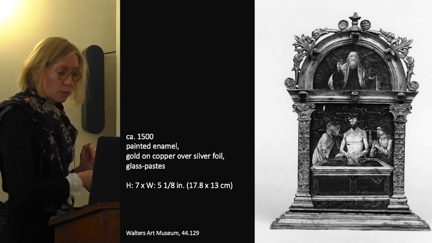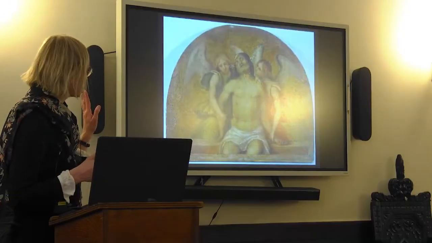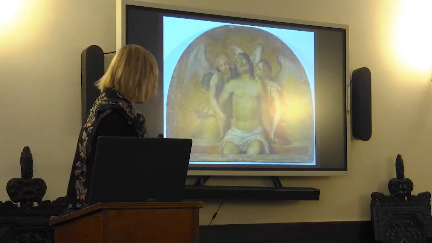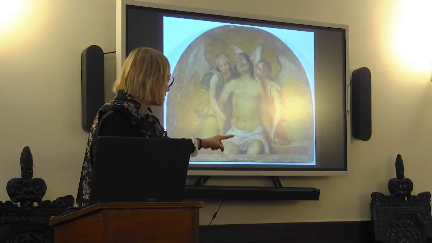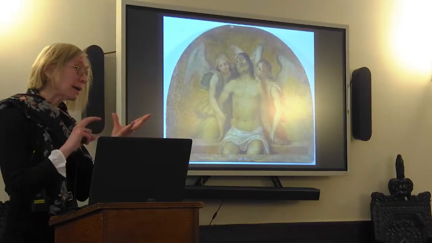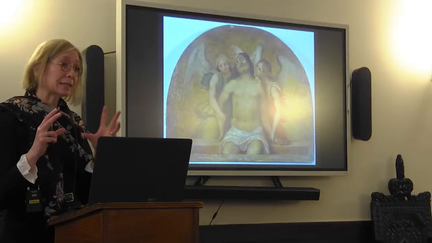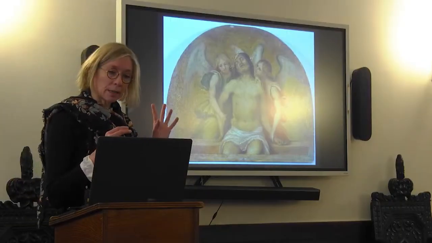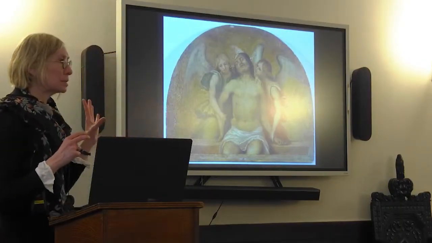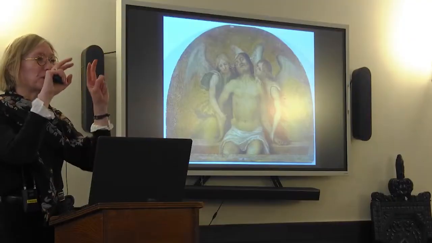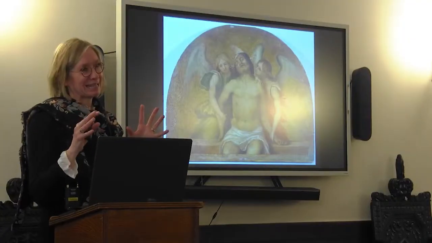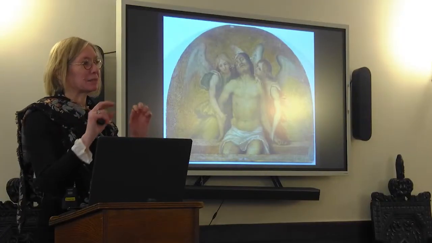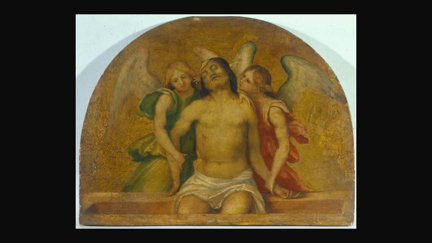But one of the things that we think is that, given the condition of the base of this panel and the back, at some point it was cut down, and you'll notice, I think earlier in the presentation I showed you, at some point in the history of its collection, someone nicely framed it with red velvet around the edge.